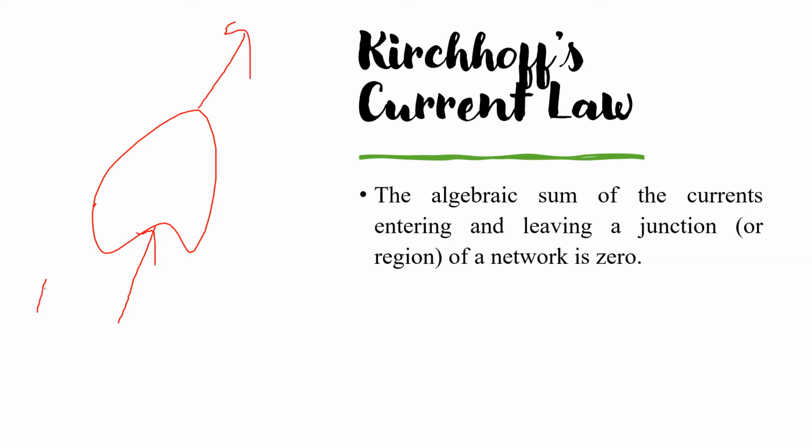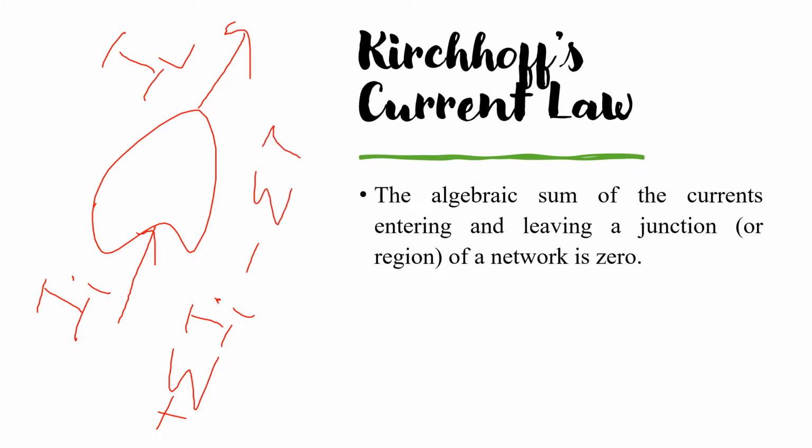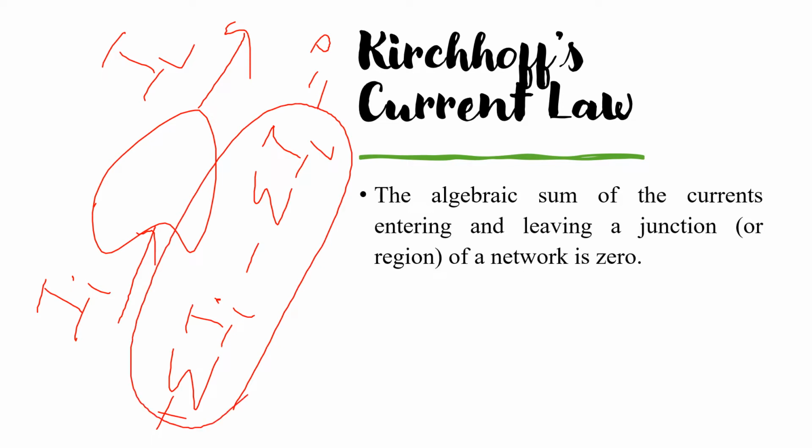We say that this is current entering and this is current leaving. So the algebraic sum of current entering, if we take the positive sign, so we can take the current leaving with the negative sign, is equal to 0. The algebraic sum of the current entering and leaving the node must be equal to 0.